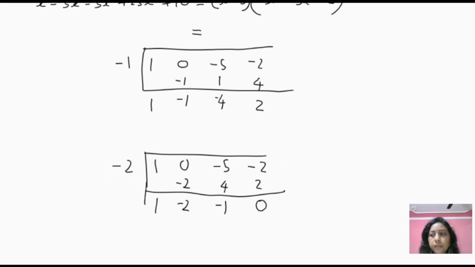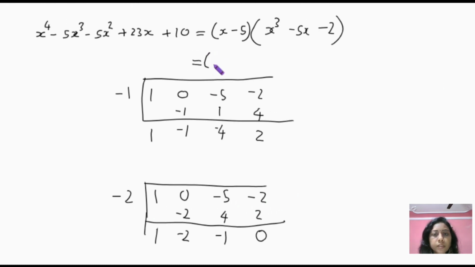So we can write here x minus 5, x plus 2. Okay, x plus 2 here, minus 1. Because next to the remainder this is the constant, this is the coefficient of x, this is the coefficient of x square, so minus 2x, and this is x square.